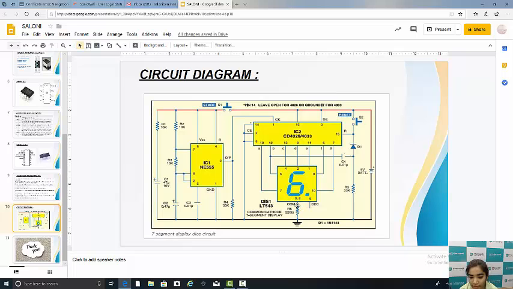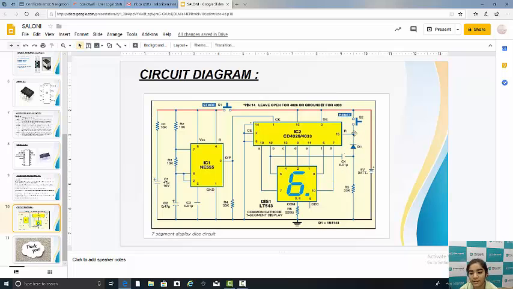Here also the common cathode is connected with a 220 ohm resistor, and the 220 ohm resistor is connected with ground. Now here the 12th pin is also connected with the positive terminal of a diode, and in between there is a 0.01 microfarad capacitor.